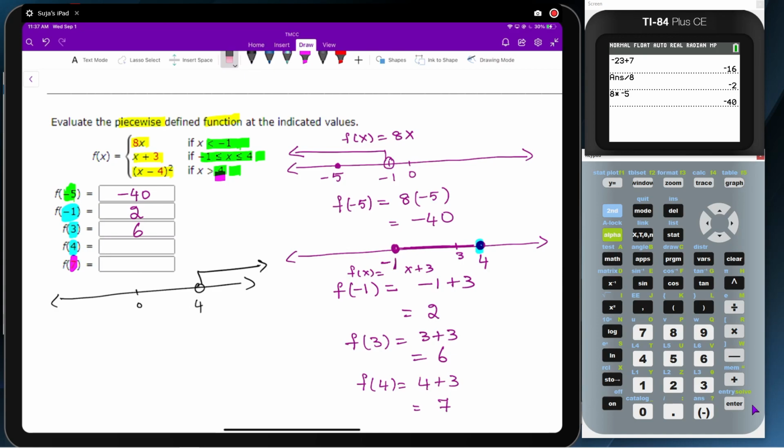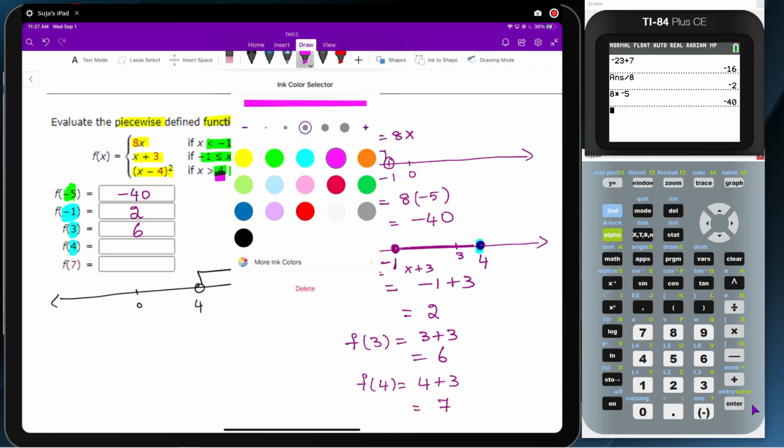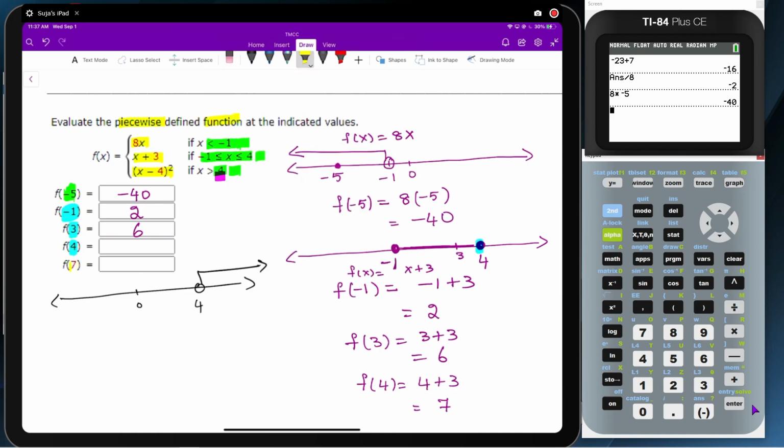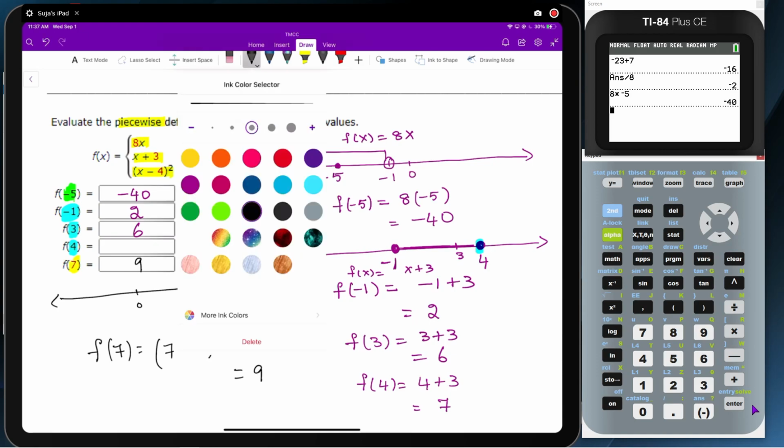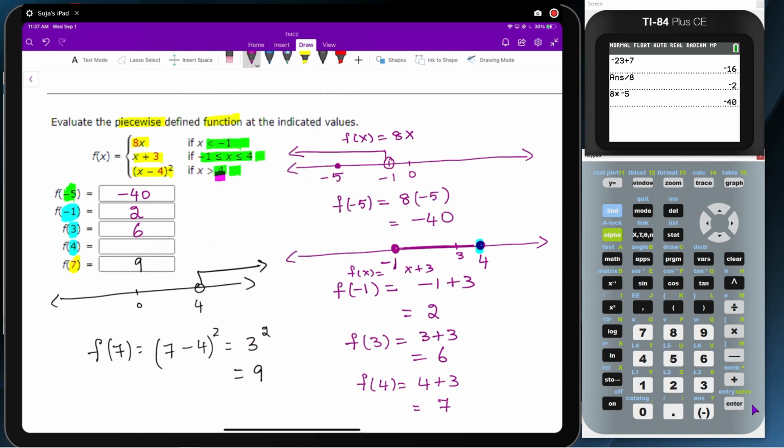In order to find f of 7, I would go to 7 minus 4, the whole square. 7 minus 4 is 3. 3 squared is 9. Therefore, the answer here is 9. And for the previous one, I didn't enter the answer. It should have been 7 here. So these are the answers for this piecewise defined function.